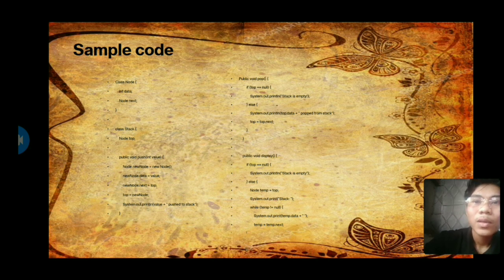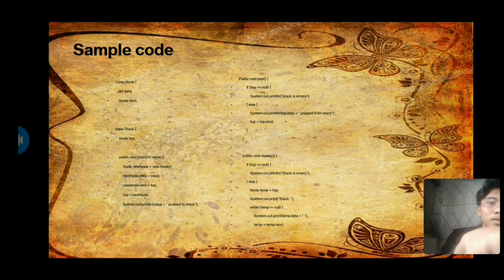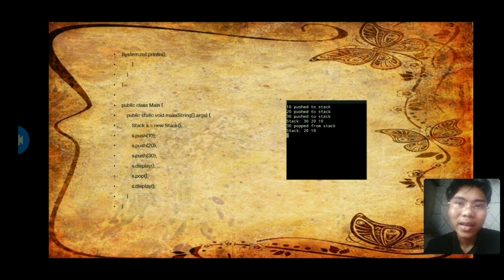Then this part, the public void pop. When I call pop, the program prints the value of the top node and then moves the top to the next node. And in the display part, the display method prints all the elements from top to bottom. So in the main method, we push 10, 20 and 30, and the stack becomes 30, 20 and 10.